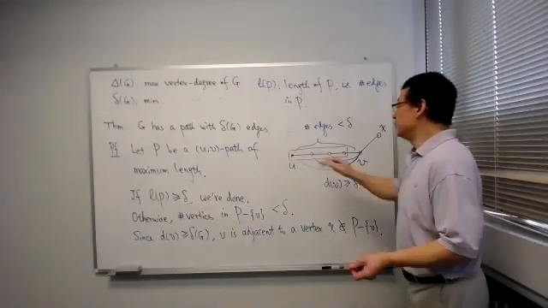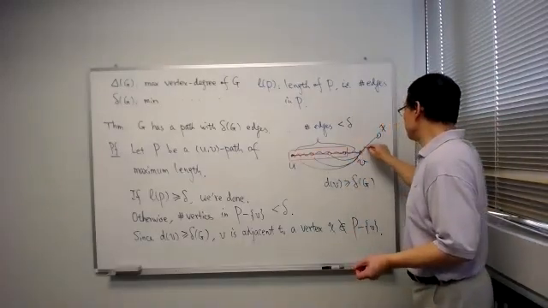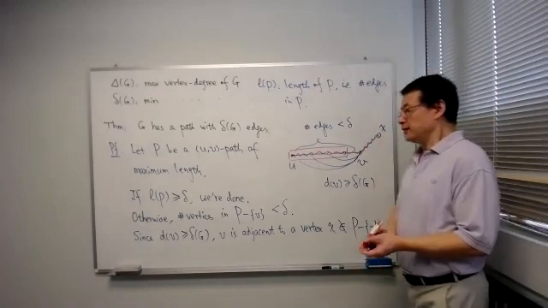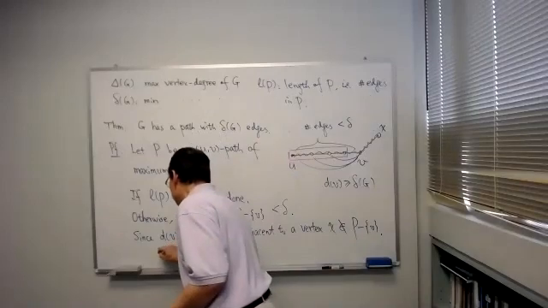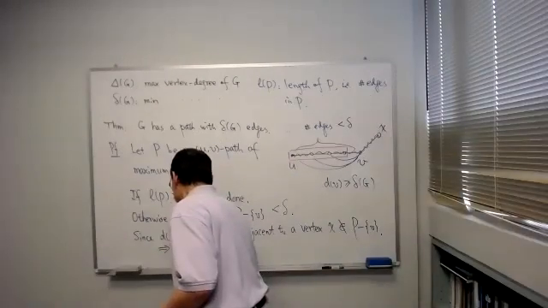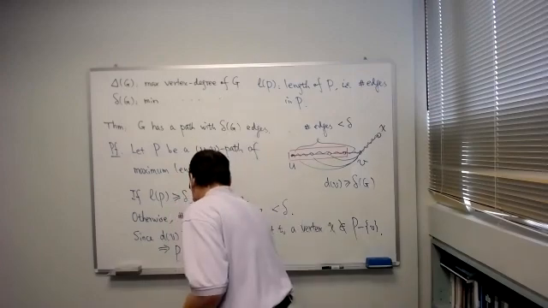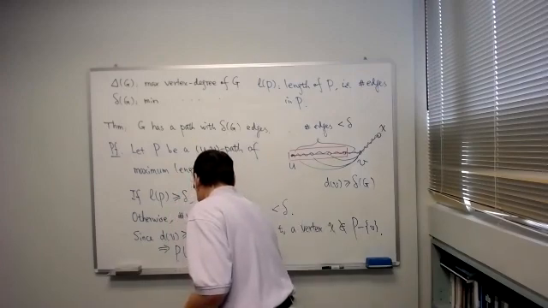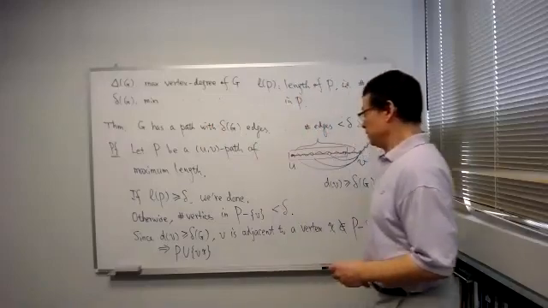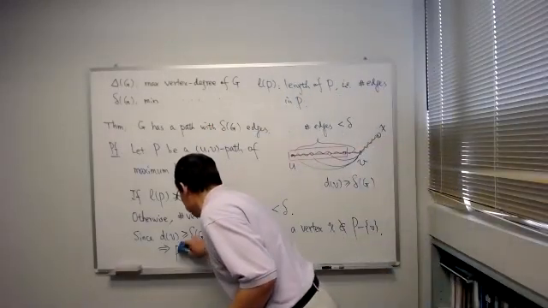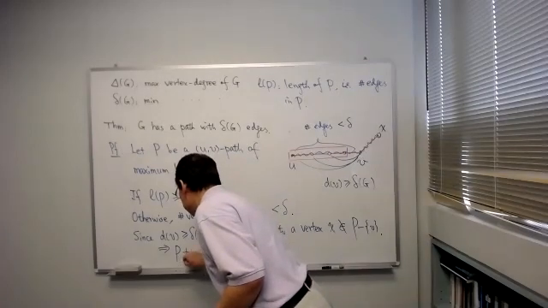Now what do we get? We get a longer path. So that implies P plus this new path dx. Maybe just use edge notation, so we can say just plus.